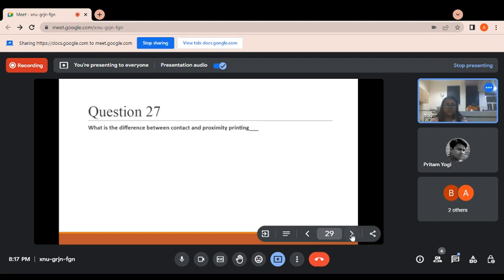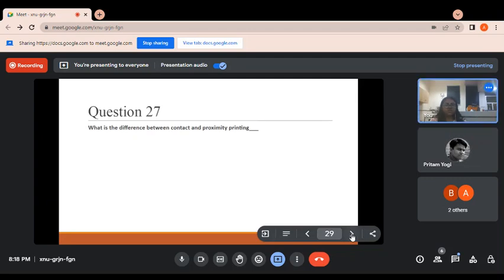So now coming to the question, what is the difference between the contact and proximity optical lithography technique? Where we use the mask and wafer in contact, that is contact printing, and where we use the mask and the wafer apart from some distance, that is proximity printing.